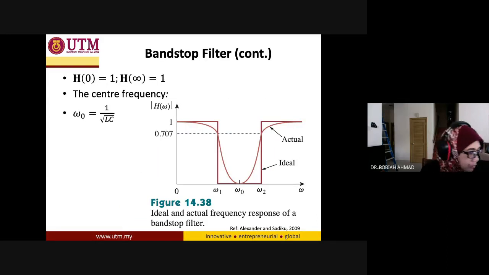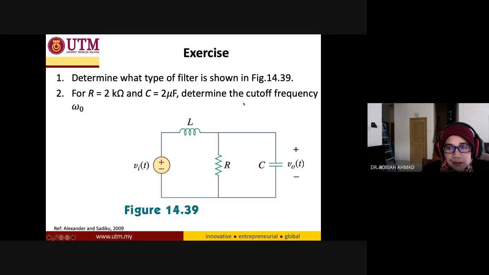So now let us look at the last example here. We have this circuit and it is a filter.